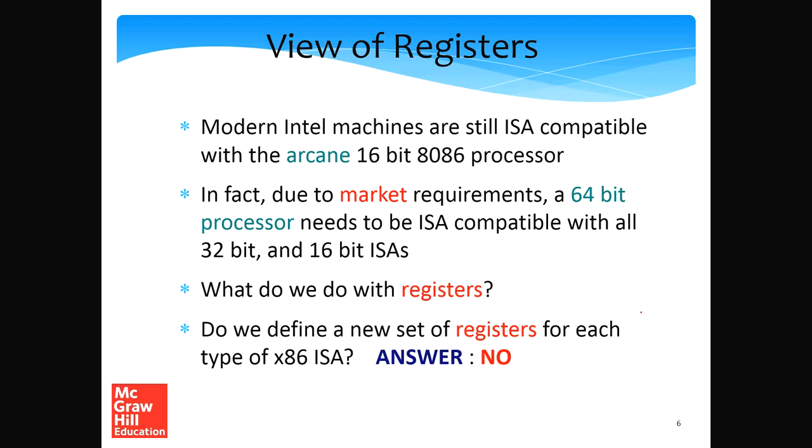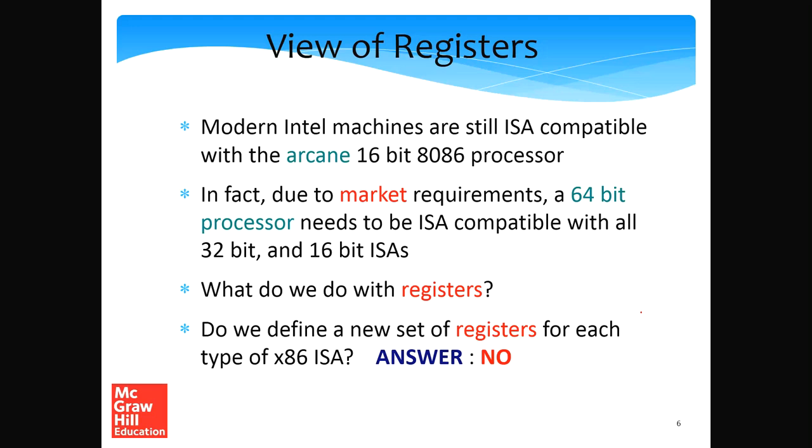This is mainly done due to market requirements. Market requirements suggest that a 64-bit processor has to be ISA compatible. What ISA compatible means is that programs written for earlier, older processors, which had 32-bit and 16-bit ISAs, should still be able to run on a 64-bit processor.